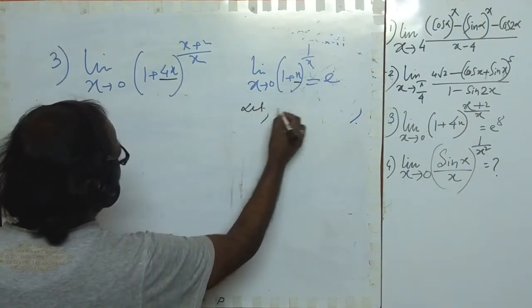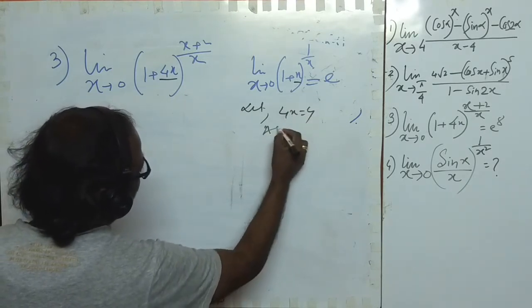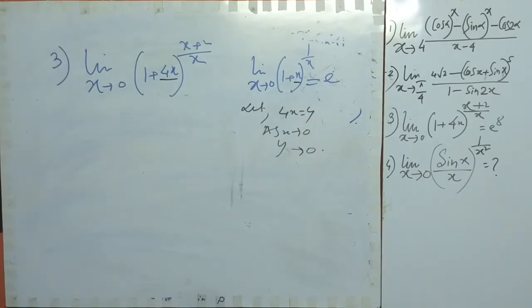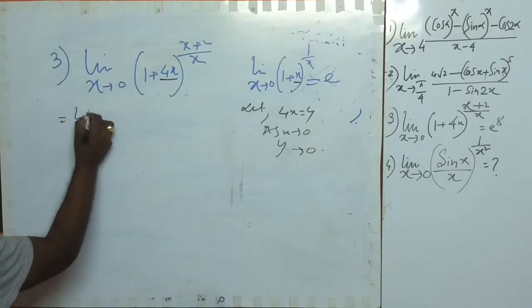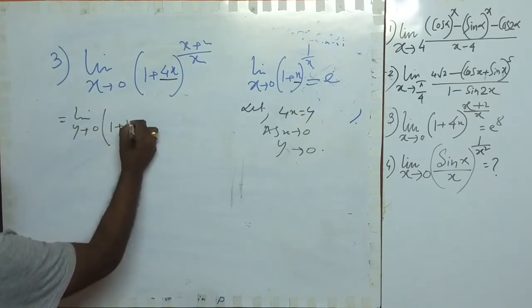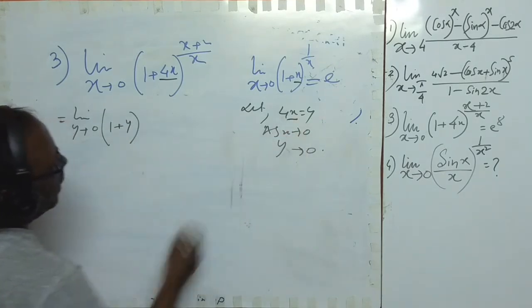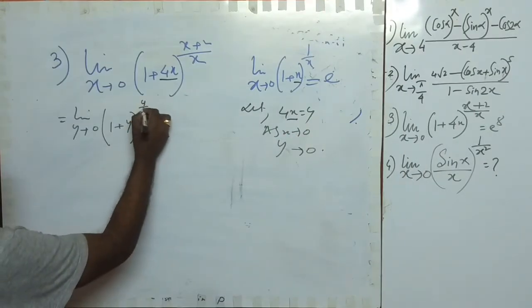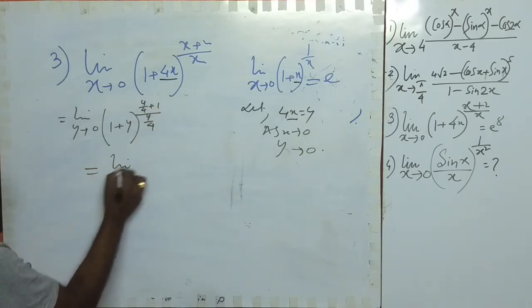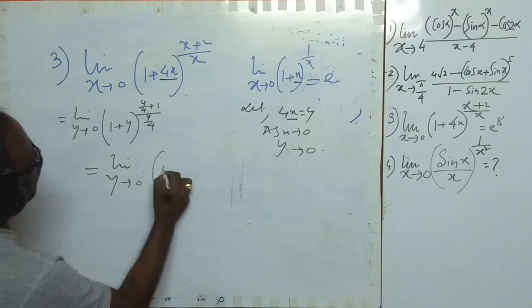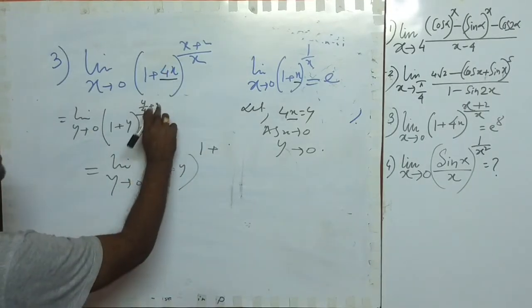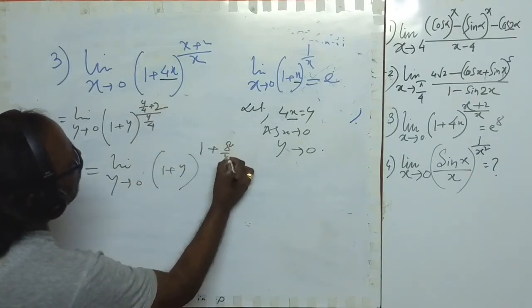So let us assume 4x as y; as x tends to 0, y tends to 0, I can write here. Now substitute in place of x: 1 plus y to the power (y by 4 plus 2) by (y by 4), and this is equal to limit y tends to 0 of (1 plus y) to the power 1 plus 8 by y.